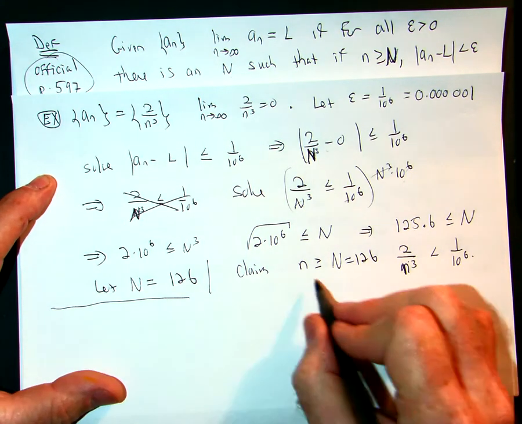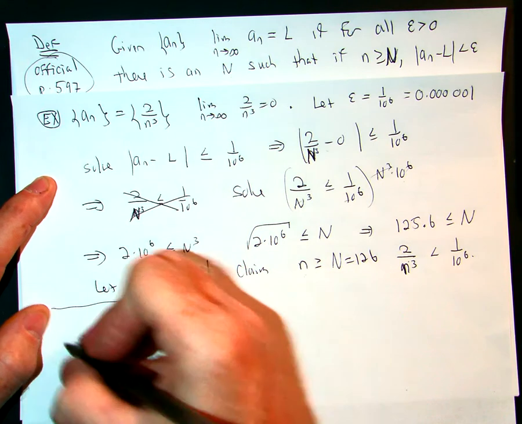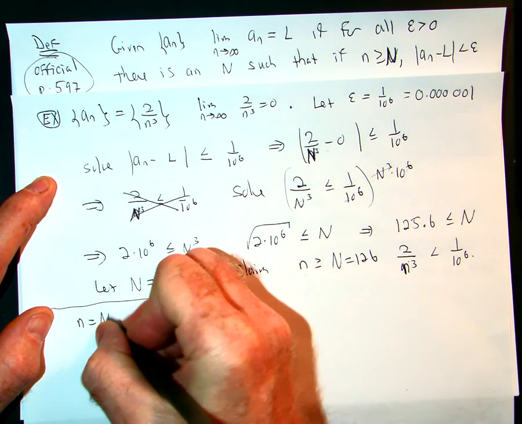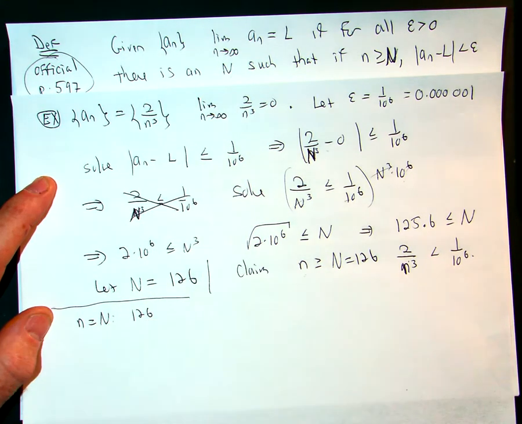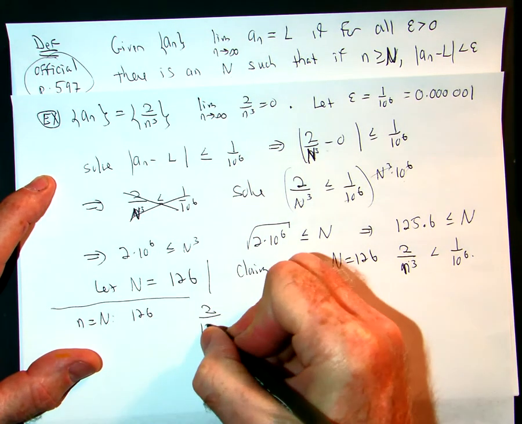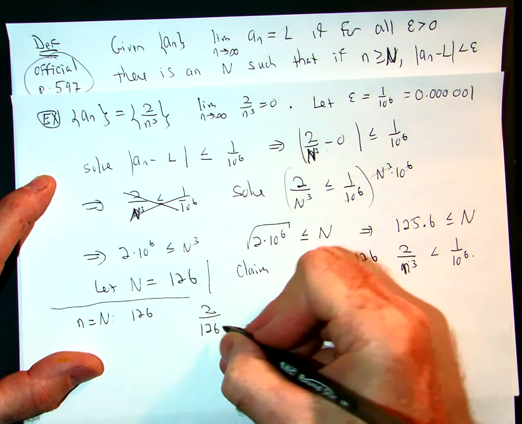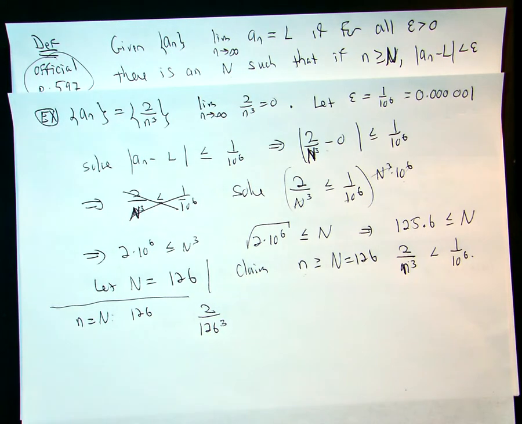Okay, so here I'm going to start with little n equaling capital N, so 126. So I get 2 over 126 cubed. Now I'm going to get my calculator and copy that. So I get 2 divided by 126 cubed.